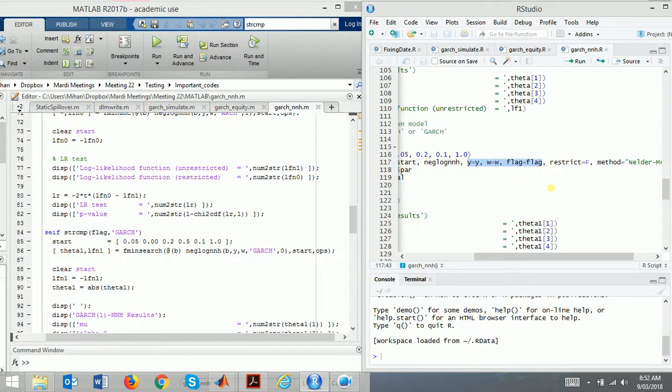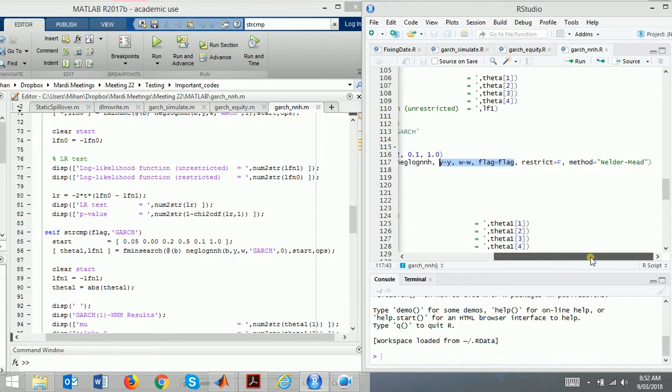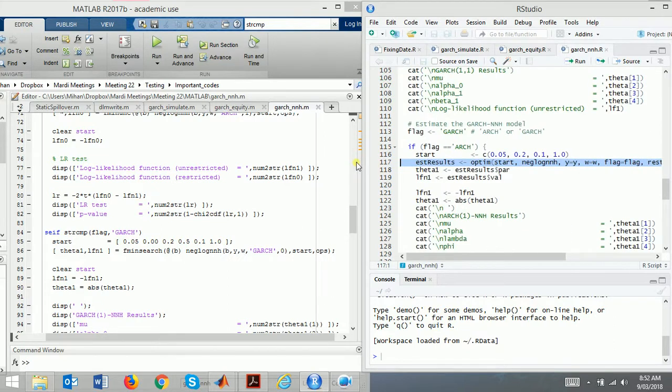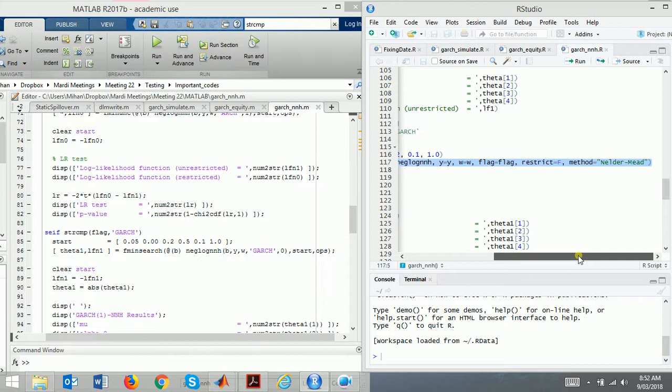So these are all the parameters that the R program takes. Restrict is false. Method Nelder-Mead, so this is new. The method is different, Nelder-Mead method, not BFGS. Nelder-Mead method is being used. We are not restricting, restriction is false.